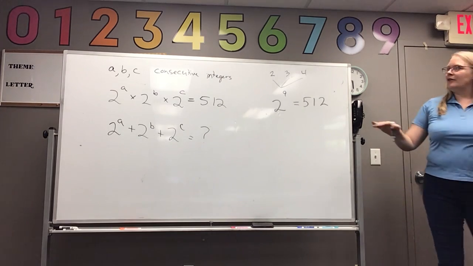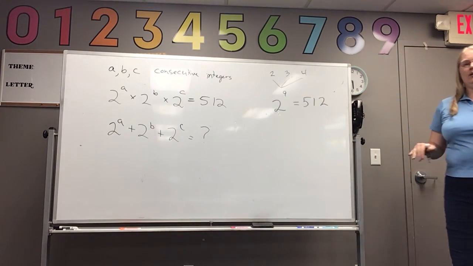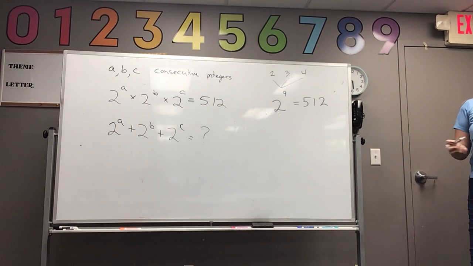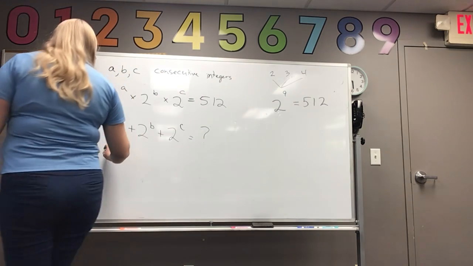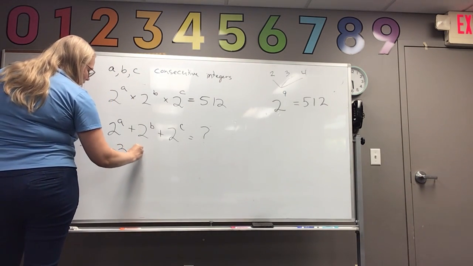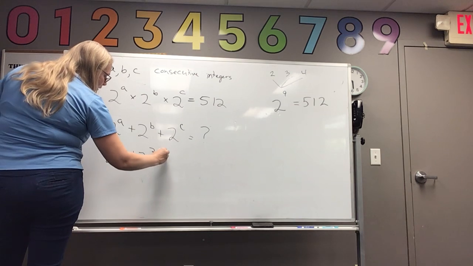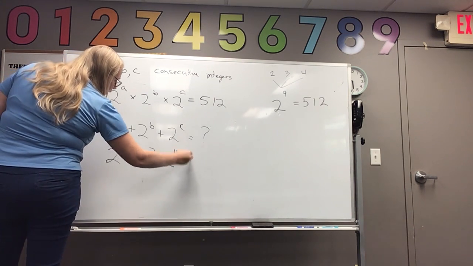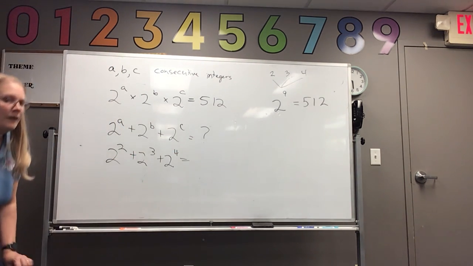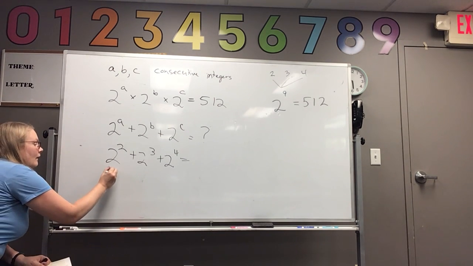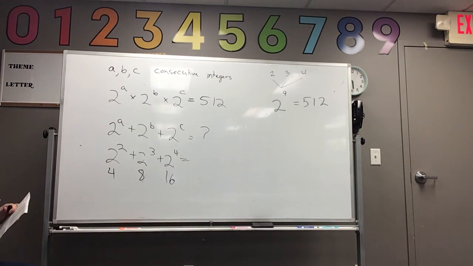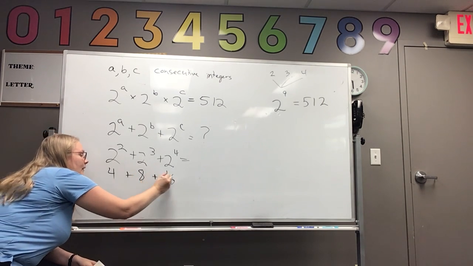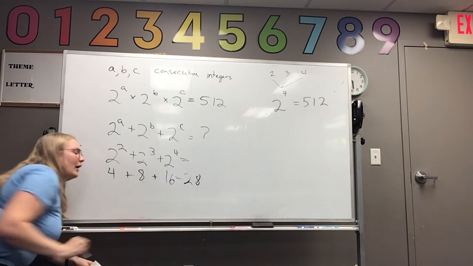And so now we have 2 plus 3 plus 4 would equal 9. And so now we have 2 squared plus 2 to the 3rd plus 2 to the 4th. What does that equal? 28. And that is our answer.